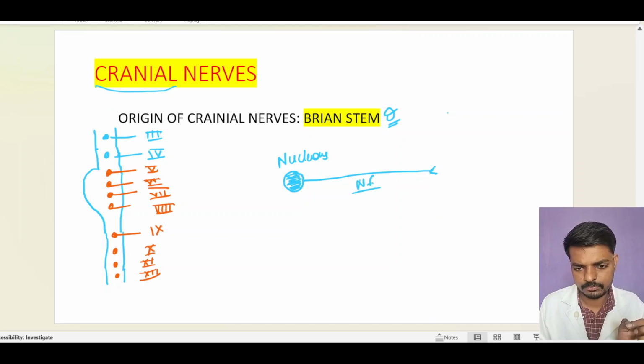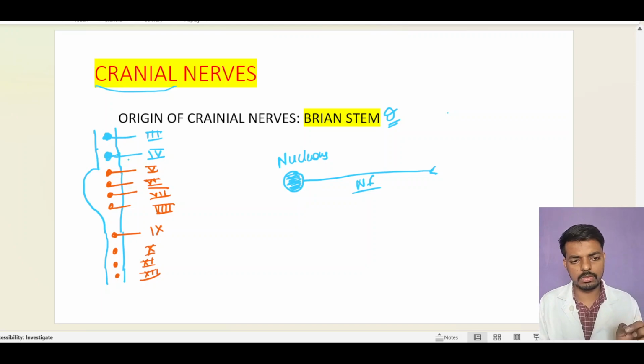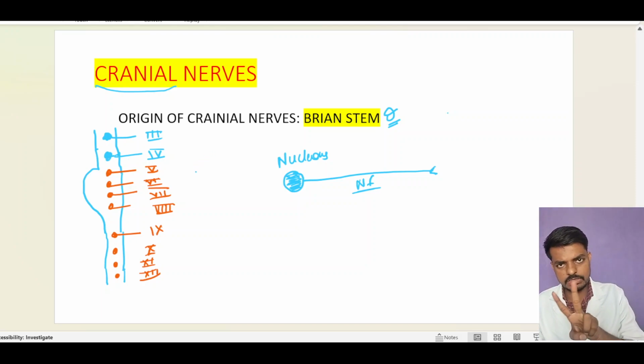This nucleus is present in our very important cranial nerve. The cranial nerve nucleus is very importantly present in our brainstem. So cranial nerves first and second do not have any kind of nucleus.